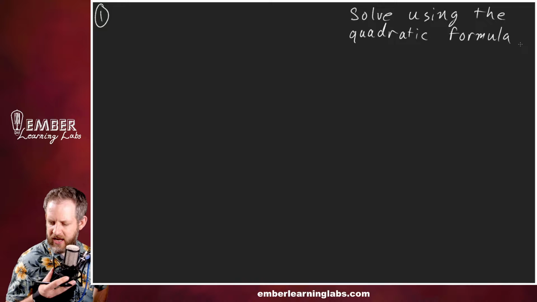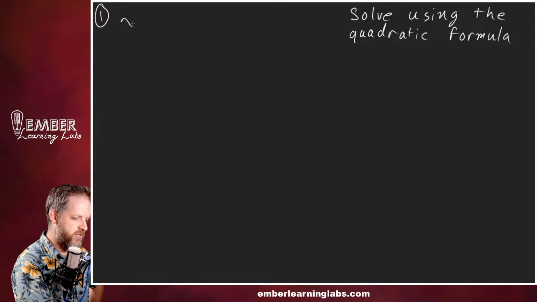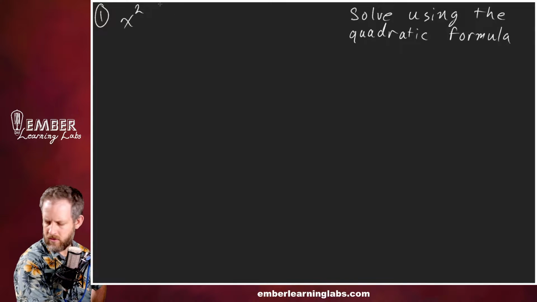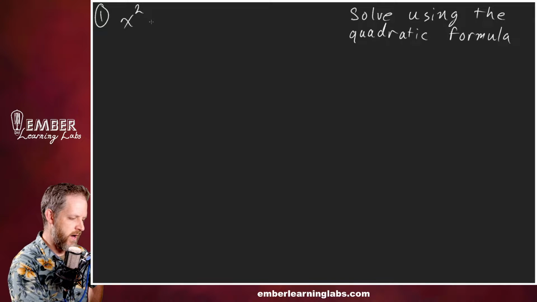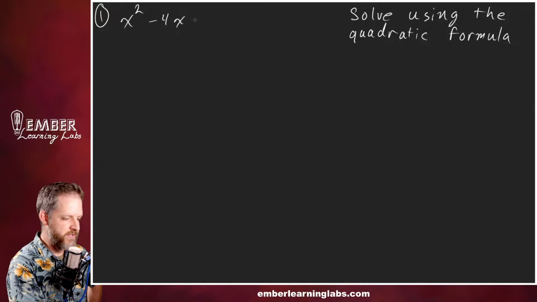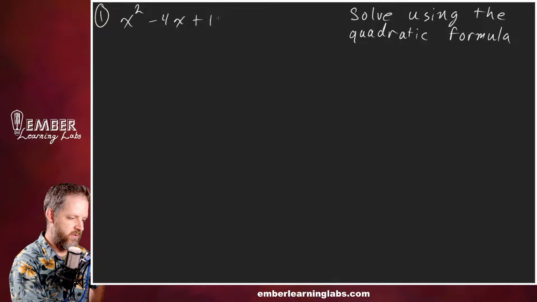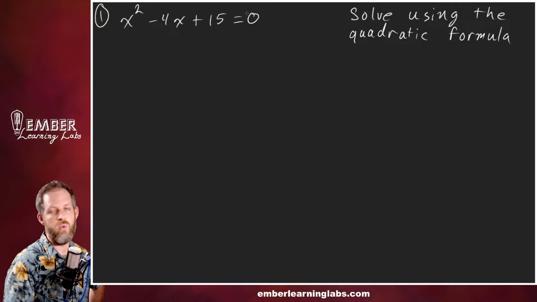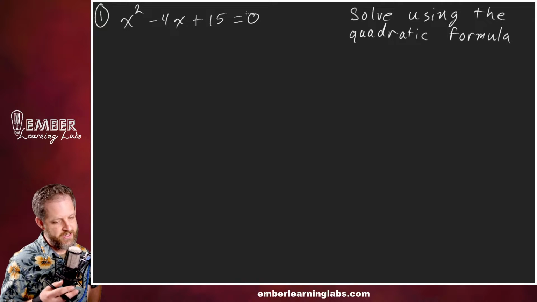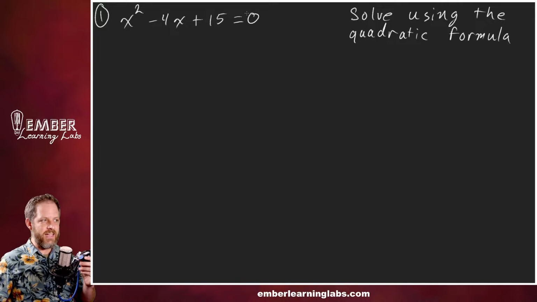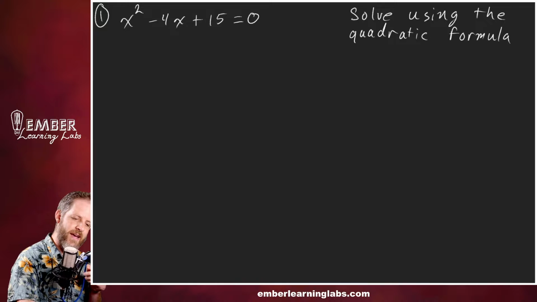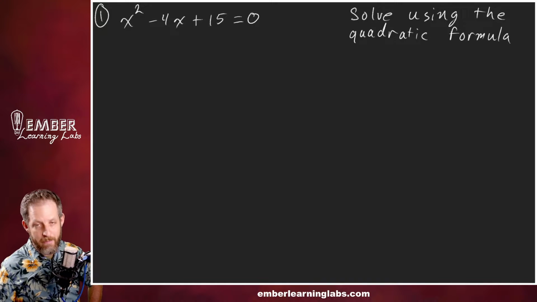And the function is x squared minus 4x plus 15 equals 0.